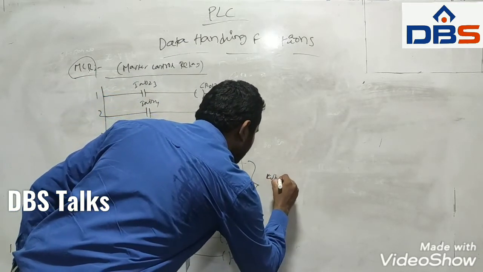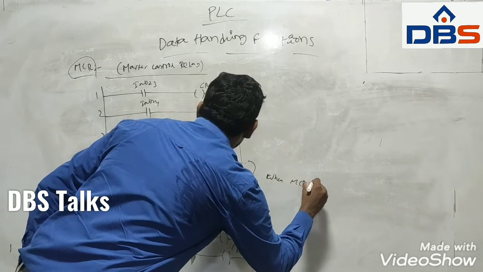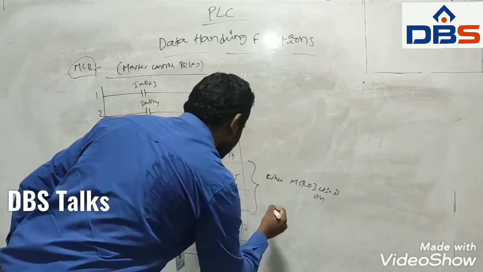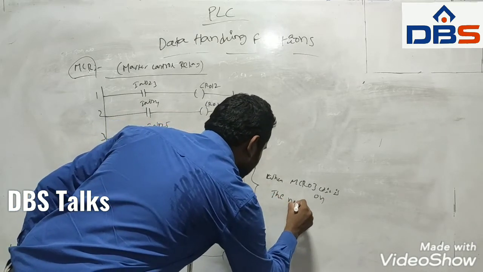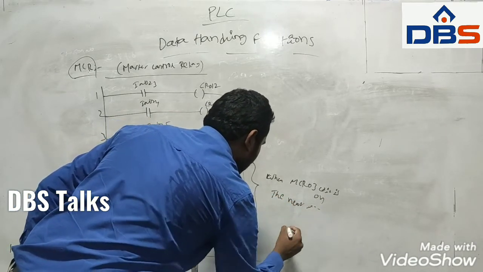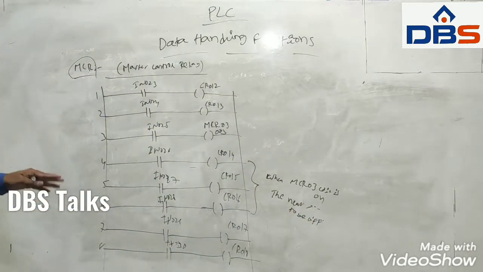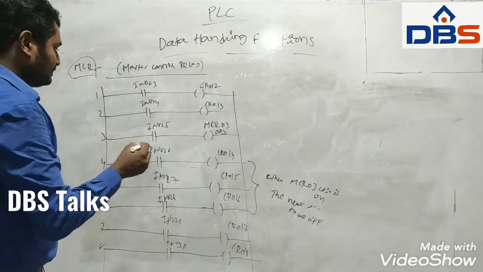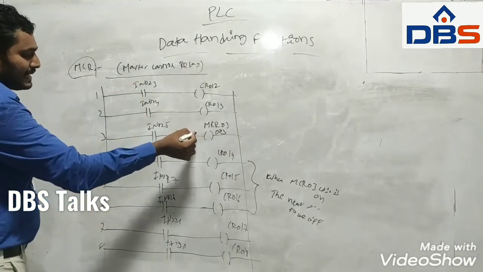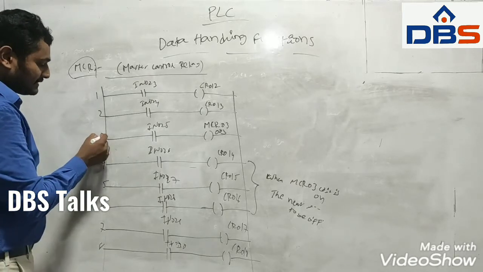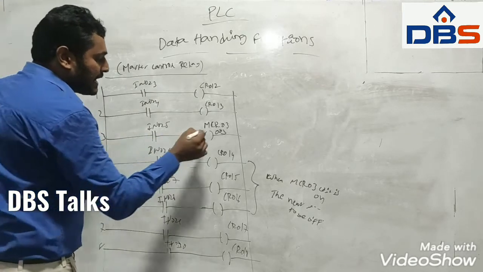So when the MCR 03 coil is on, the next 3 lines are in the off position. In the 8-line program, 7 lines are the same, but in the third line I am including the MCR function.